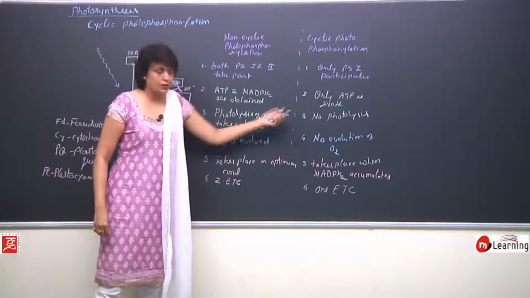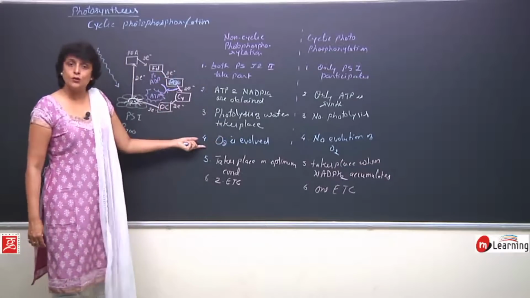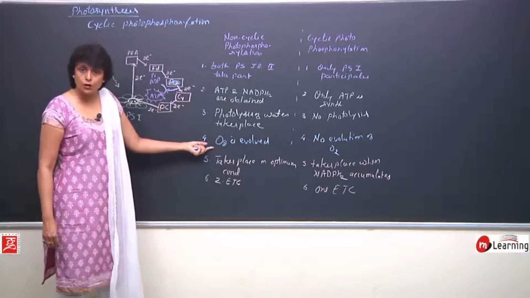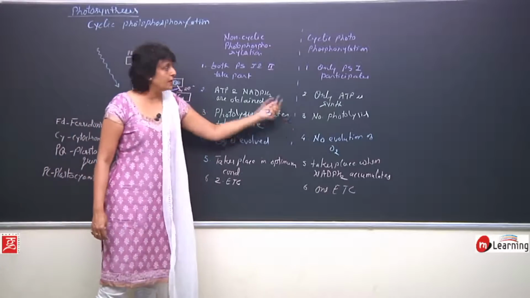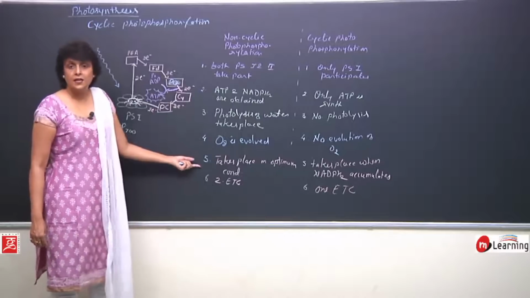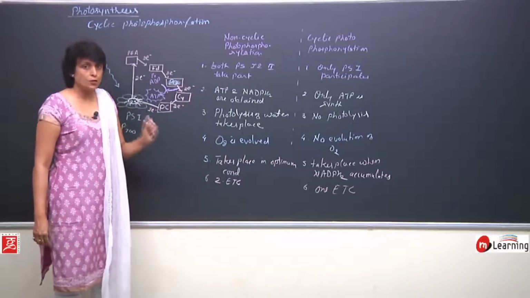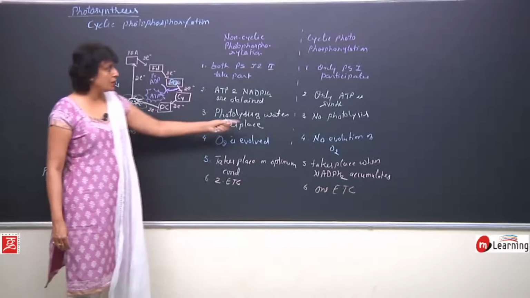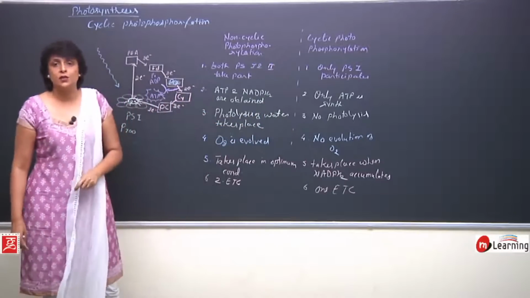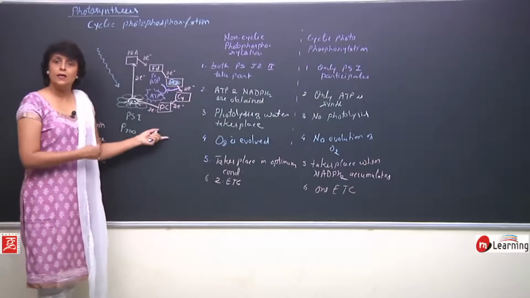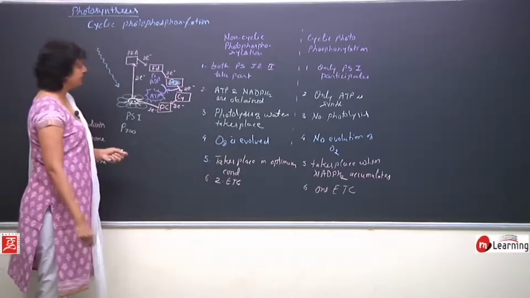So, no photolysis required. Photolysis also results in evolution of oxygen. So, that is evolved in non-cyclic, no oxygen released in cyclic. Non-cyclic takes place in all normal, optimum conditions. Cyclic would take place only when NADPH2 accumulation is more. And then the number of electron transport chains.